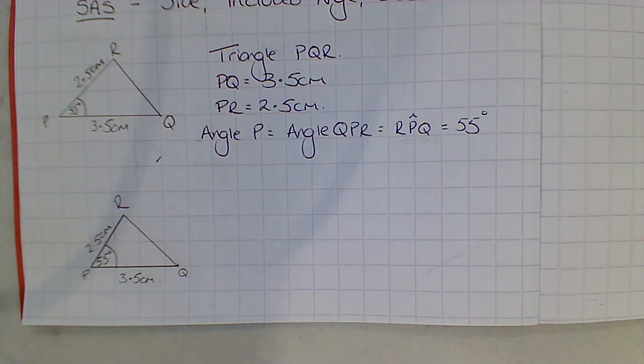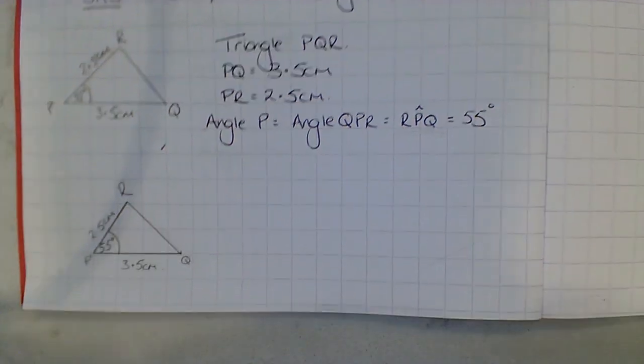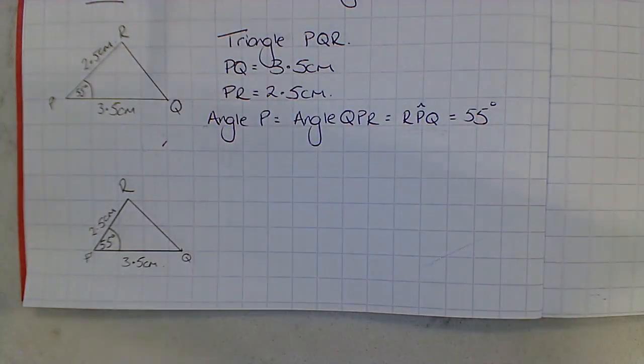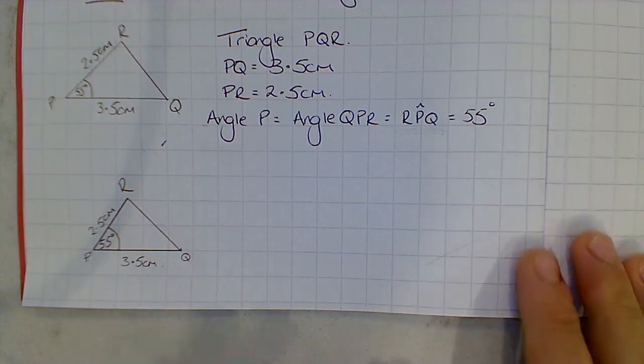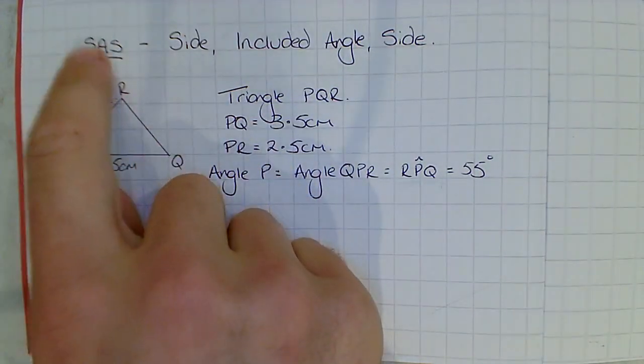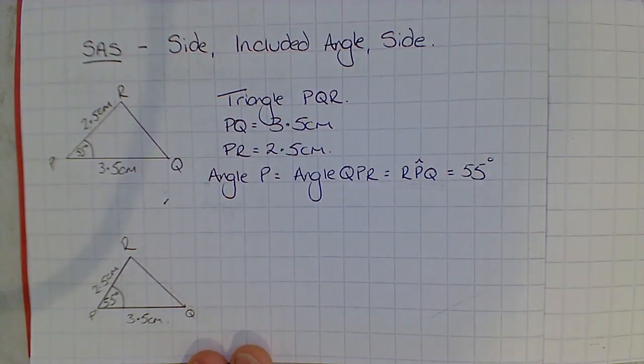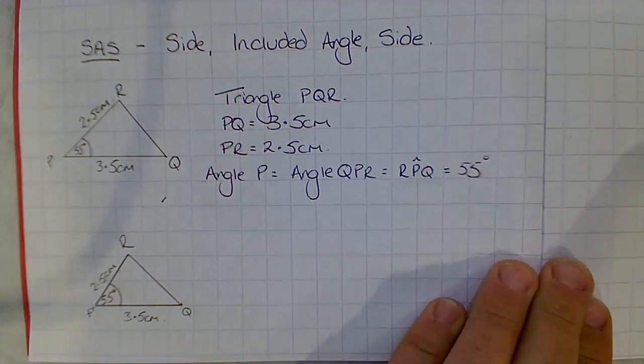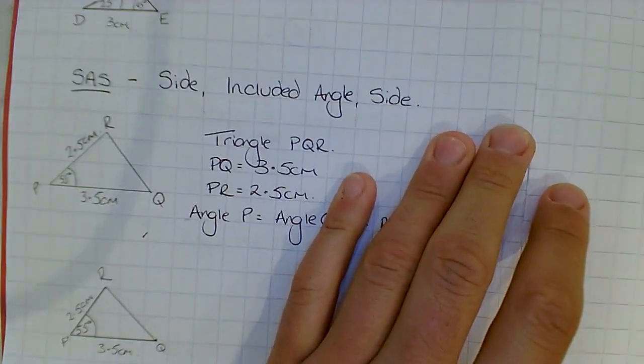Okay. Right, so like I said, I'm going to have a go at question 4 now, because actually the information that we're given doesn't necessarily indicate an SAS triangle or an ASA triangle. So I'm going to go through that one now.